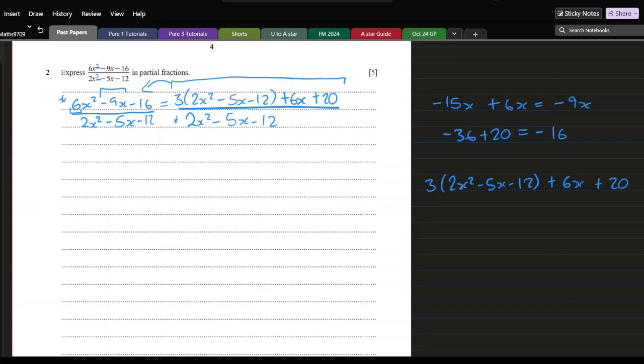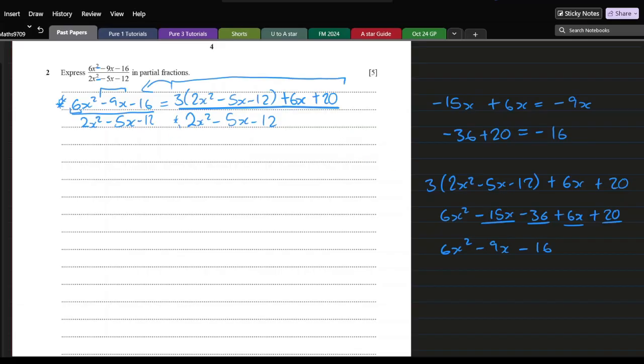If you expand that, that's 6x squared minus 15x minus 36 plus 6x plus 20. So we've got 6x squared, then minus 15x plus 6x gives us minus 9x, and minus 36 plus 20 gives us minus 16. This is exactly the same as the numerator over here.